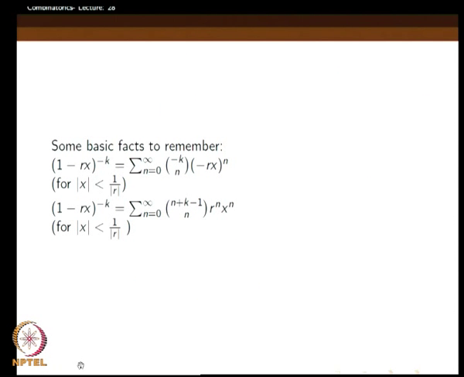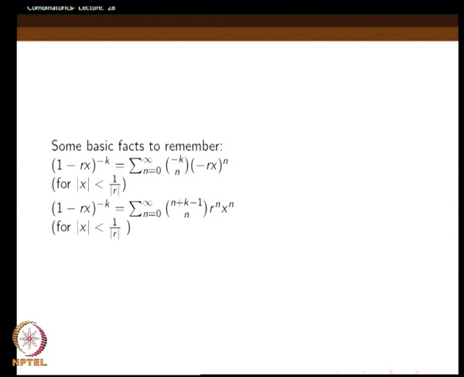And recall that this formula is valid only when mod x is less than 1 by r, because the generalized binomial theorem, if you remember, had the condition that the mod of rx has to be less than 1. That's why this condition is coming.